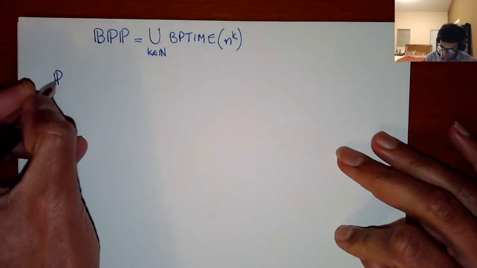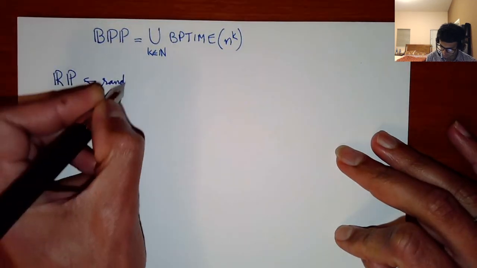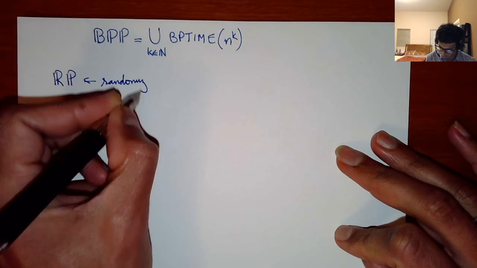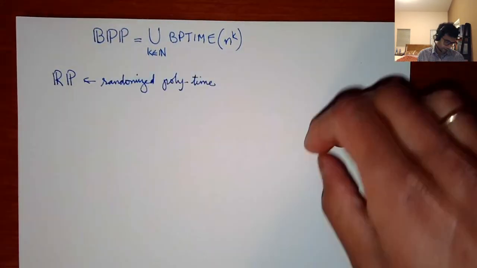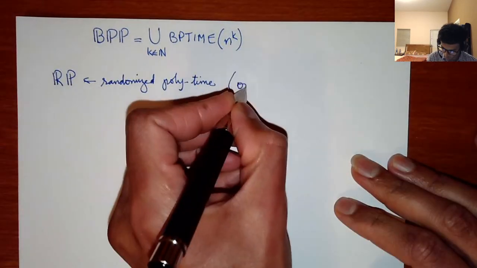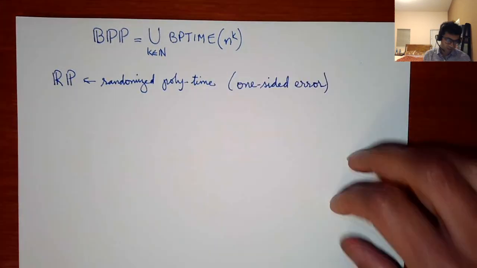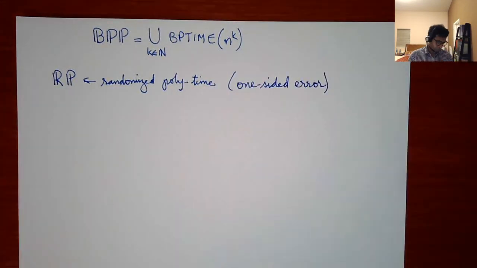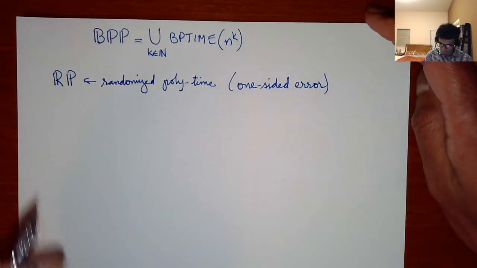Now there is another class called RP, randomized polynomial time, and this has what's called one-sided error.